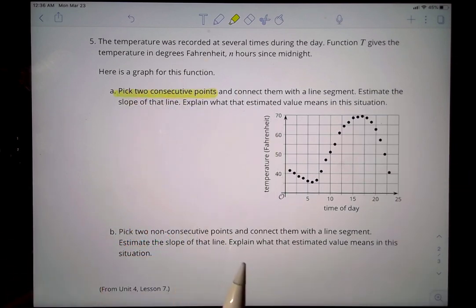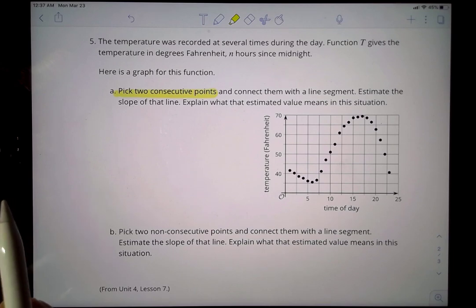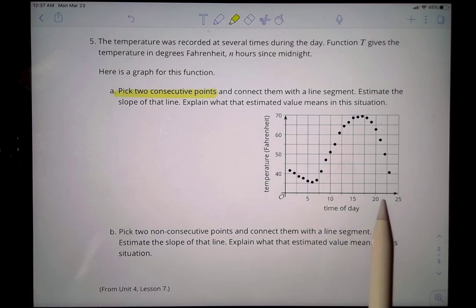You know what that means? 2 numbers next to each other. So if I pick 7, then your other number will be 8, like that. 7, 8, 3, 4, something like that. So consecutive points, and connect them with the line segment. Estimate the slope of that line. Explain what that estimated value means in this situation.